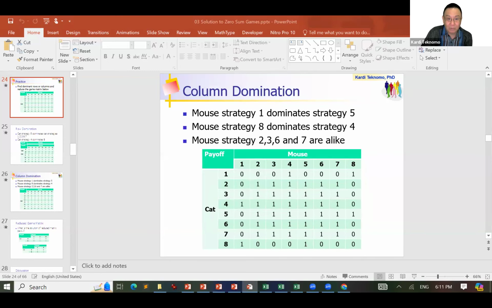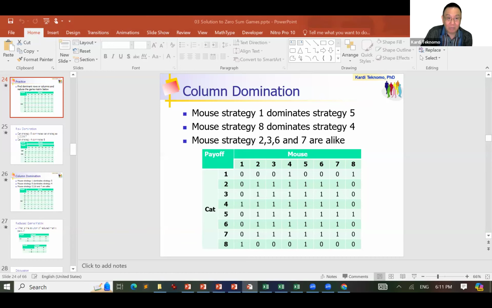From here you can delete columns. So find the column domination with the same strategy. In this case 1 dominates 5, and 8 dominates 4. The others are the same. So you can reduce like this: only 1, 2, and 8.